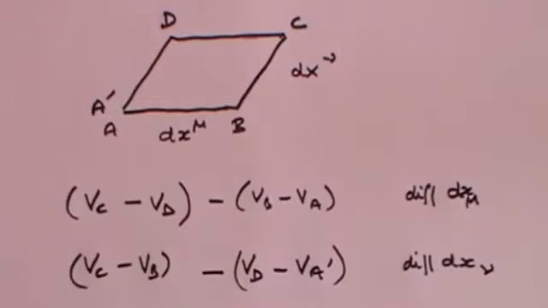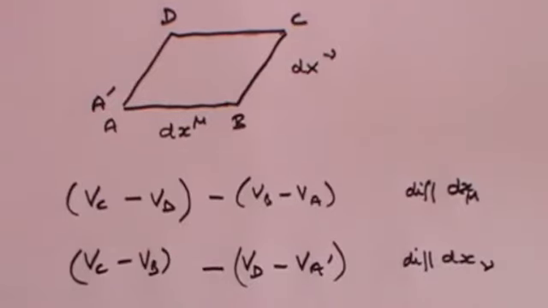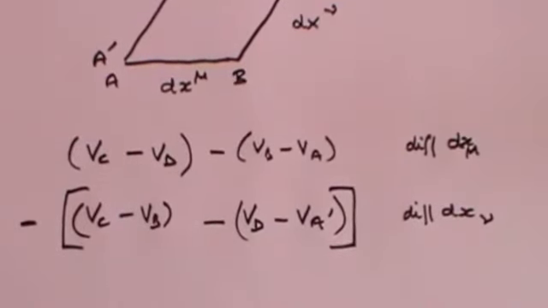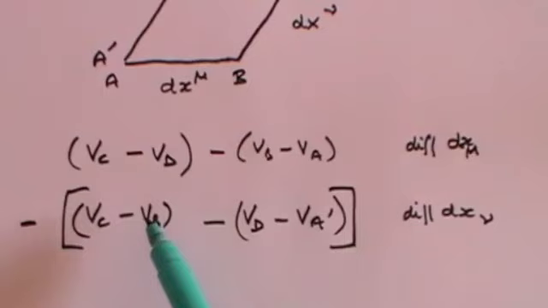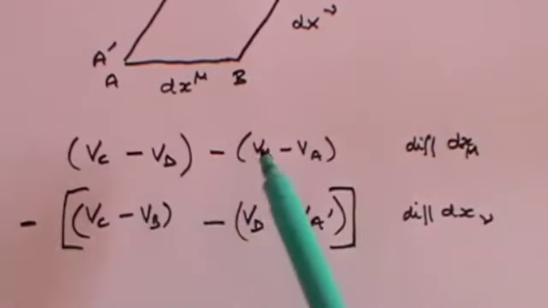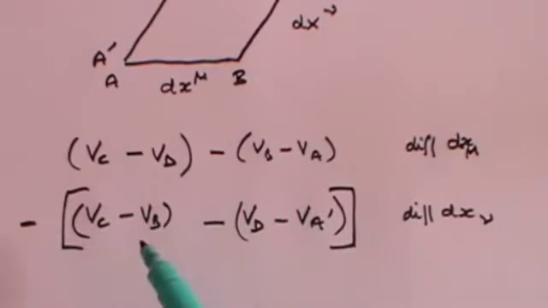Now let's have a look at the difference of the differences. If we take this term here and we subtract from it this term here, what do we get? Well, let's have a look at the V_B term. We've got a minus V_B and a minus minus V_B, that becomes plus, so minus plus is 0. We get no resultant V_B term. Let's look at V_C. We've got a plus V_C minus V_C, the V_C term goes.